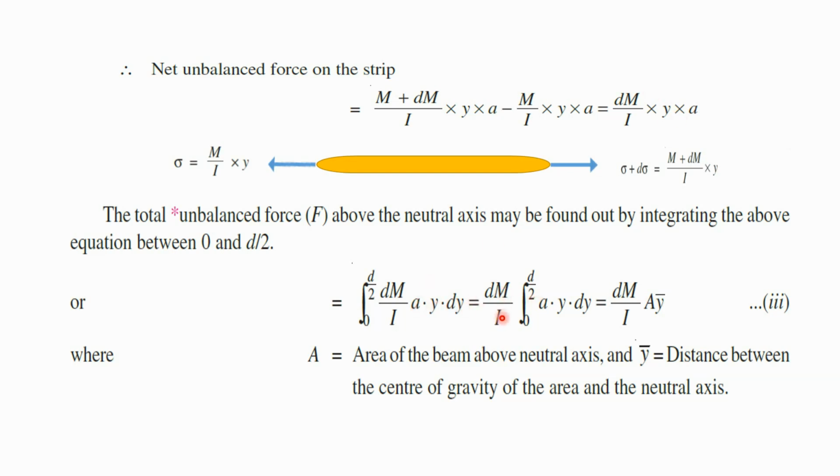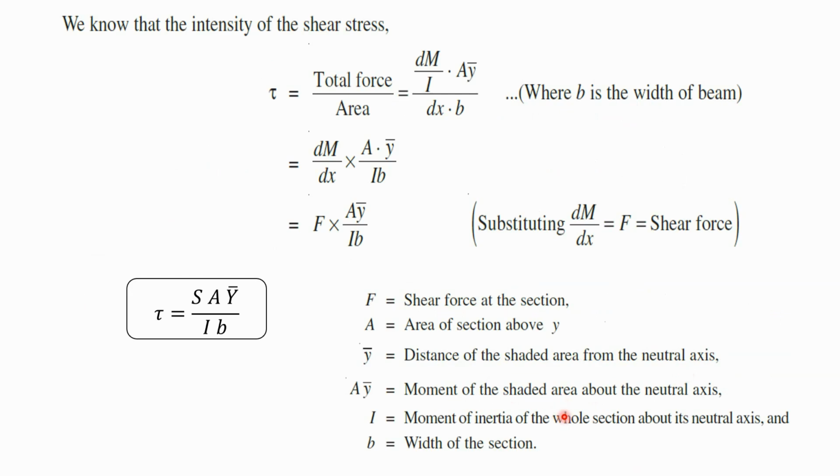So dM upon I we will take outside, and the integration of 0 to d by 2 of A into Y dy is nothing but A into Y bar. Okay, and so the final equation comes to be dM upon I into A Y bar, where A is the area of the beam above the neutral axis and Y bar is the distance between the center of gravity of the area and the neutral axis.